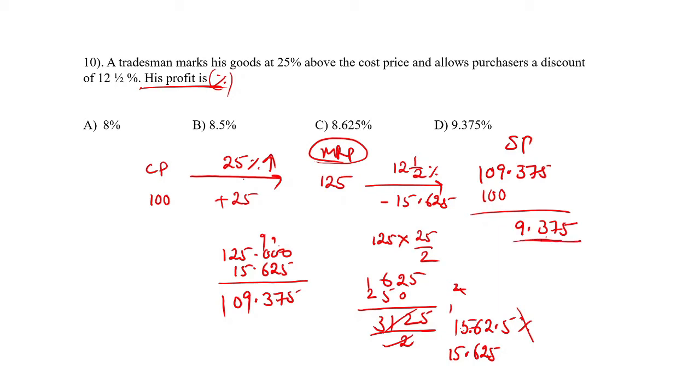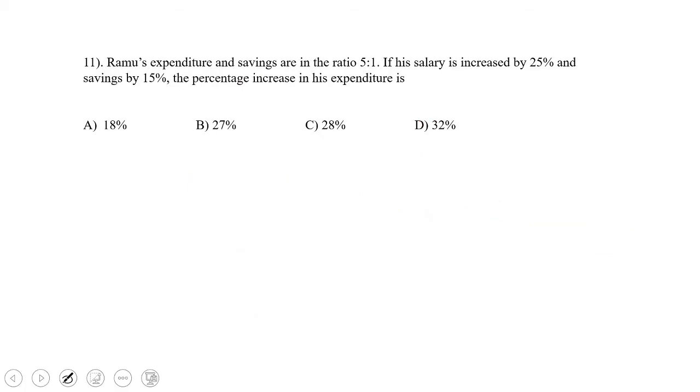To find the percentage, profit by cost price. What is the cost price? 100 into 100. 100 and 100 get cancelled. Then 9.375 percentage is the result. Option D.